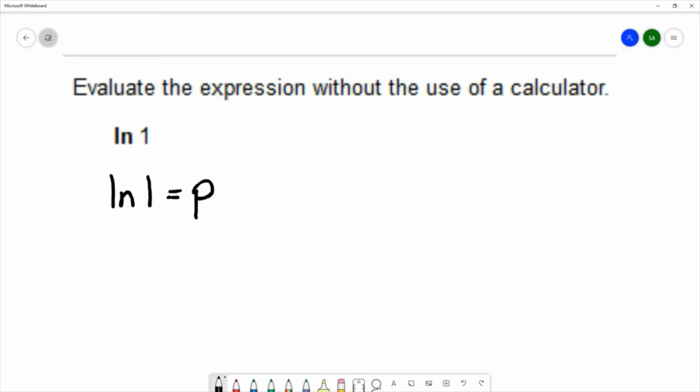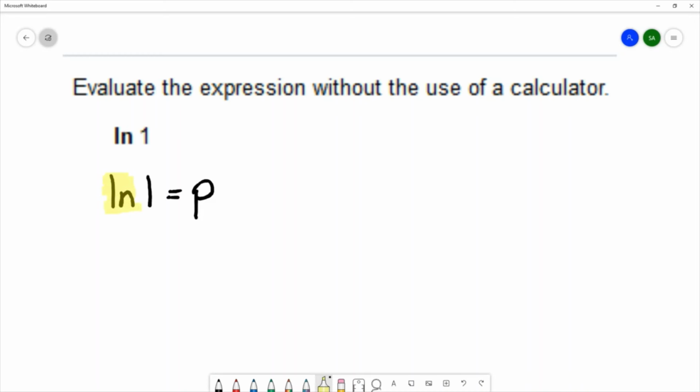So I have natural log of 1 equal p, and then I'll use the definition of a logarithm to rewrite it as an exponential. And the reason why I do this is I'm much more comfortable thinking in terms of exponentials than logarithms. So if I rewrite this as an exponential, I need to know the base of this logarithm.